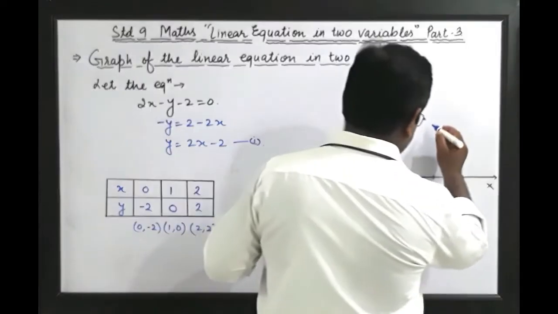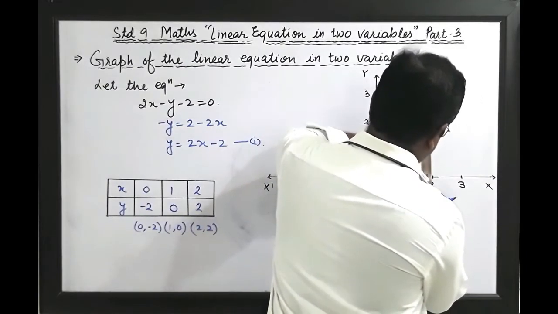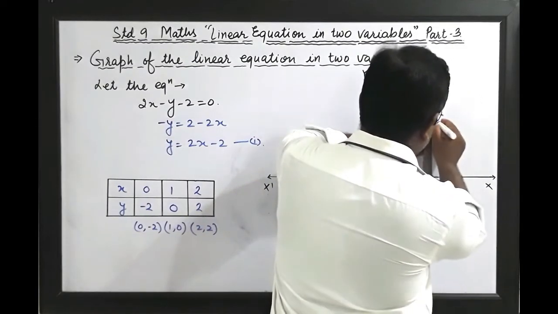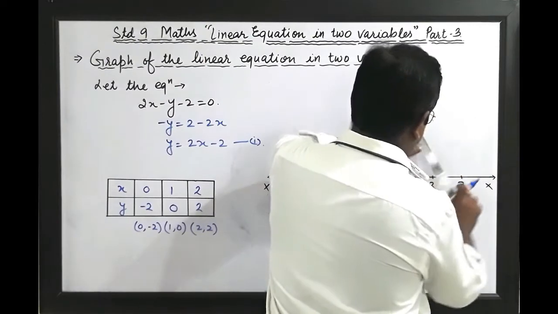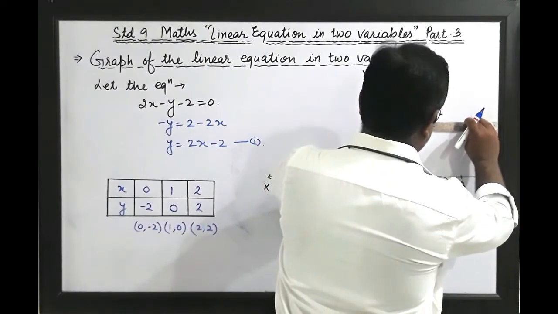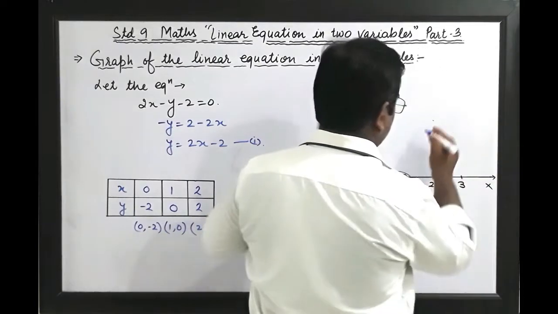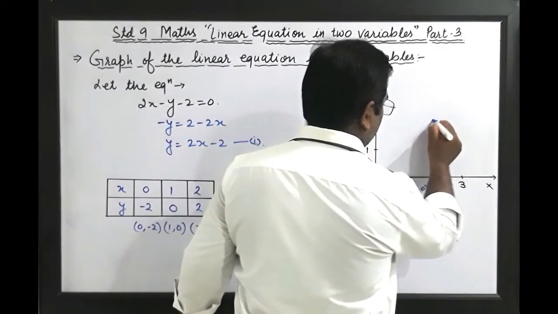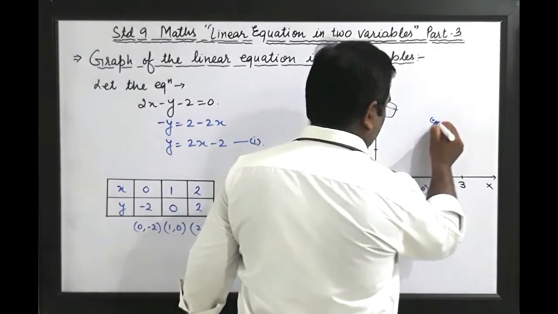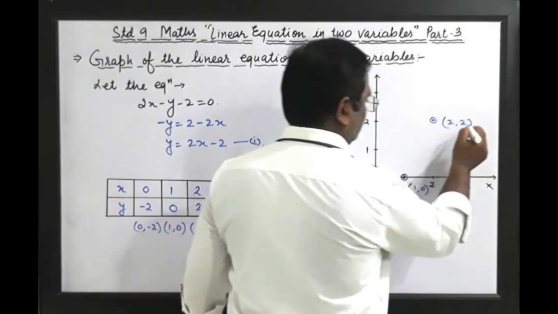So I think this point will be here. This is the point whose coordinates are (2, 2).